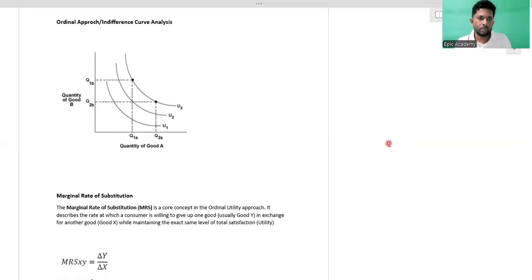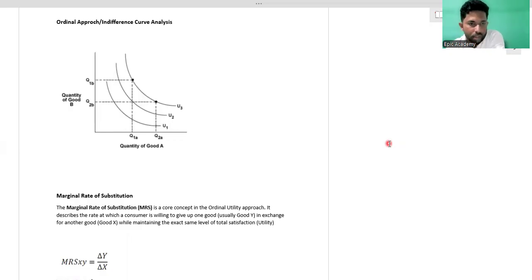But in the ordinal approach, which we call indifference curve theory or indifference curve analysis, they say that we are actually unable to calculate values for it, but we can identify different levels of consumption. That is what we call the IC curve. IC curve means indifference curve.